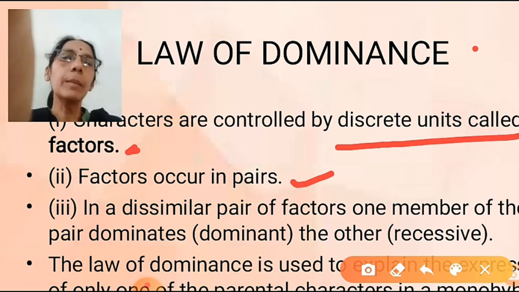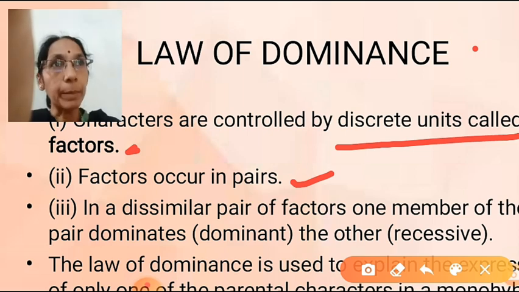In a dissimilar pair, one member of the pair dominates the other. For example, let us take heterozygous tall, capital T, small t. Which one is expressing? Tall. Capital T is expressing. So in a dissimilar pair of factors, one member dominates the other.